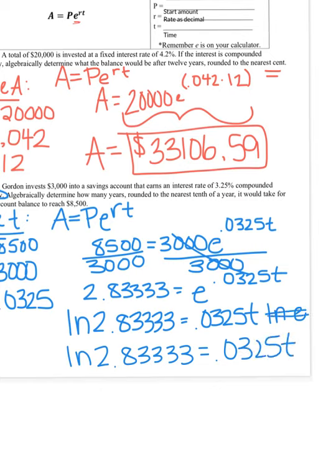The ln of e is 1. It cancels itself out. So you don't even have to write that line. From that first step of taking the logs of both sides, from there all you have to do is divide by 0.0325.